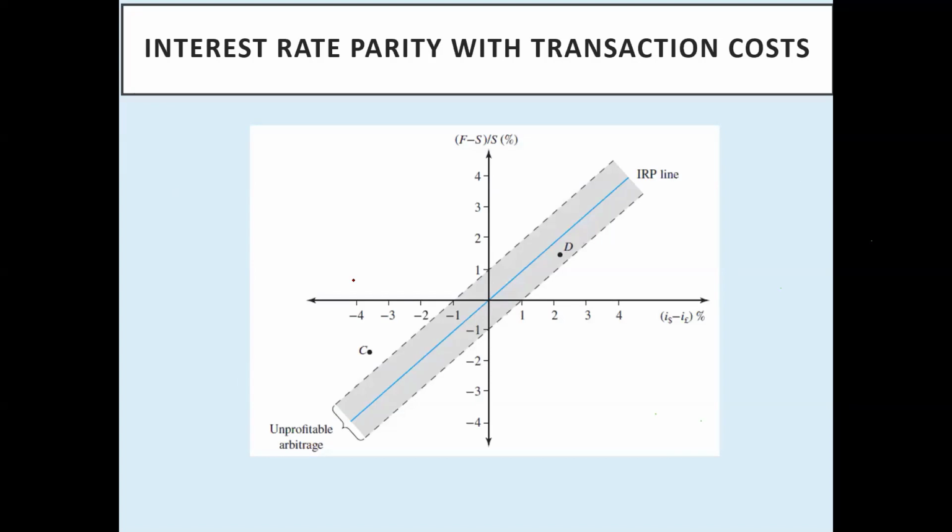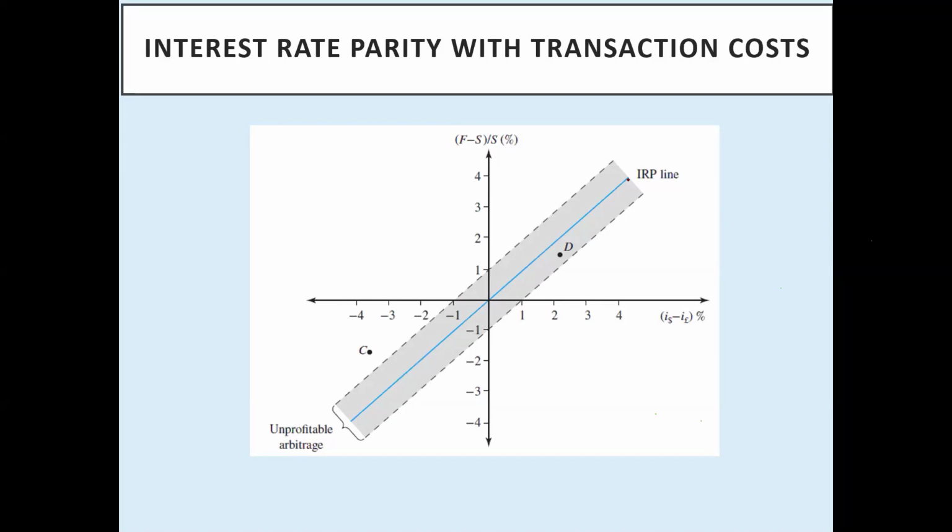Having talked about different reasons why the IRP does not hold, because of these reasons we need to allow for a range within which the IRP should be considered to hold.